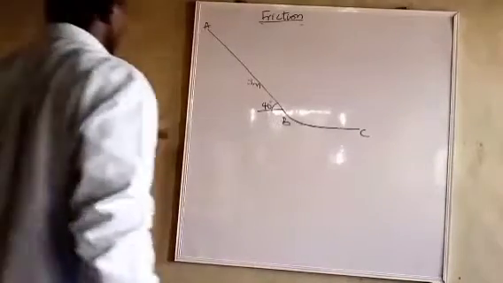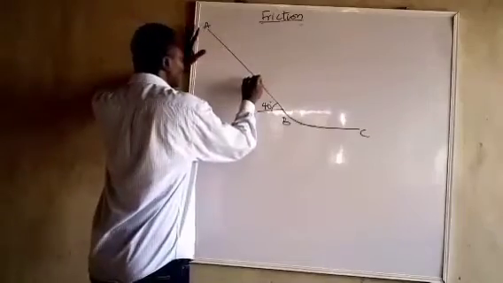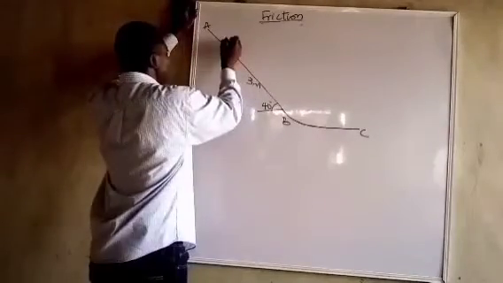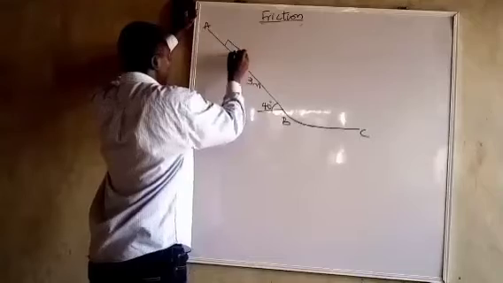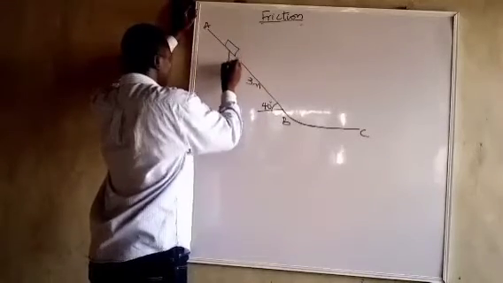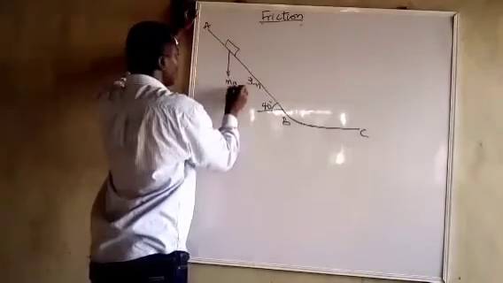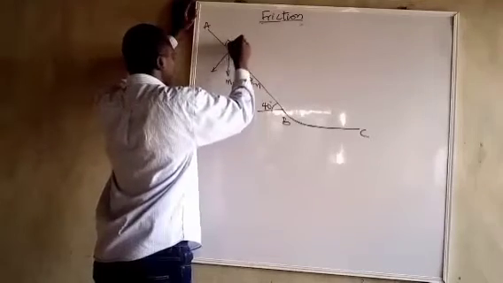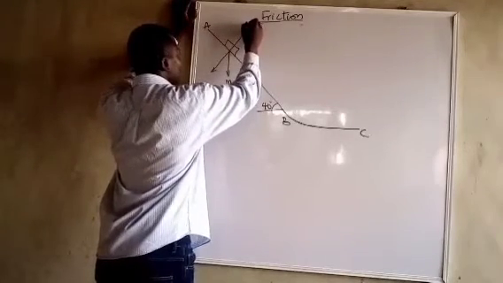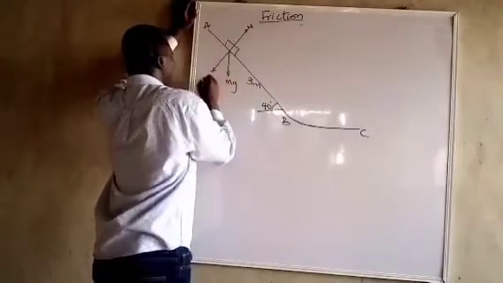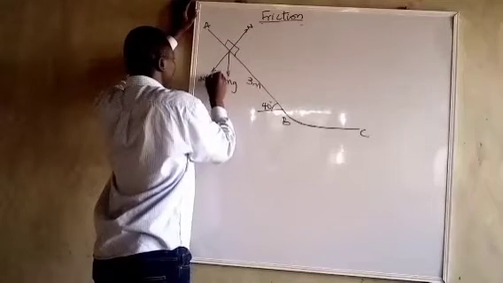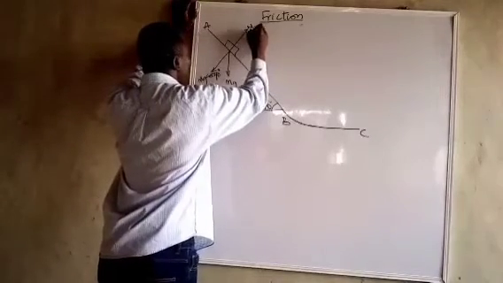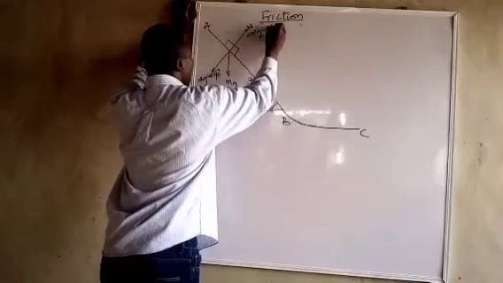The question says that we should show the forces acting on the boy when he is on the section AB. Let us use this to represent the boy, and this is his weight. Here, this is the normal reaction, N, and this is mg cos 40 degrees.